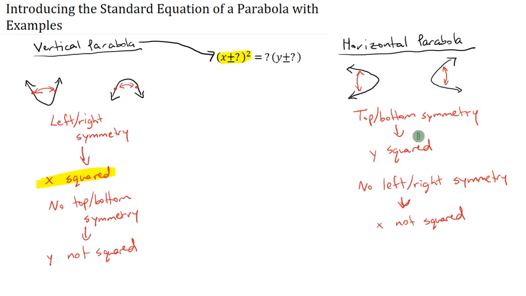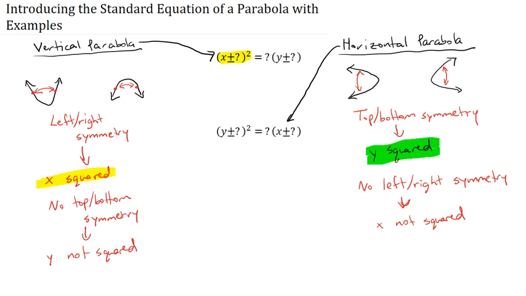So, a horizontal parabola, y is squared. The equation is going to be very similar to the one we looked at above, except now it's going to be y plus or minus an unknown number, squared, equals an unknown number times an x that's not squared. So this is the equation of a horizontal parabola. Now, don't memorize these.